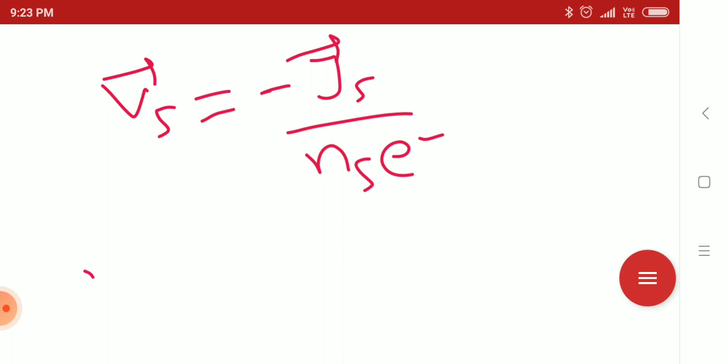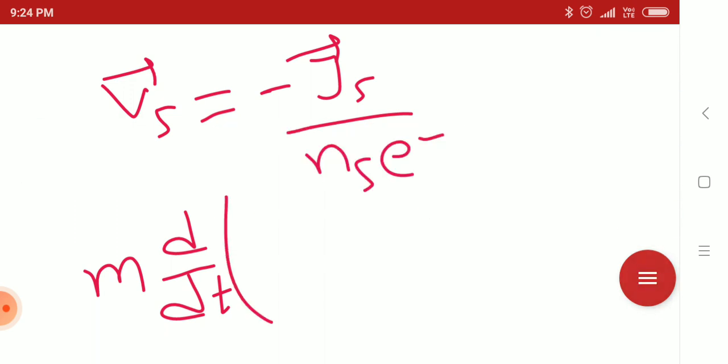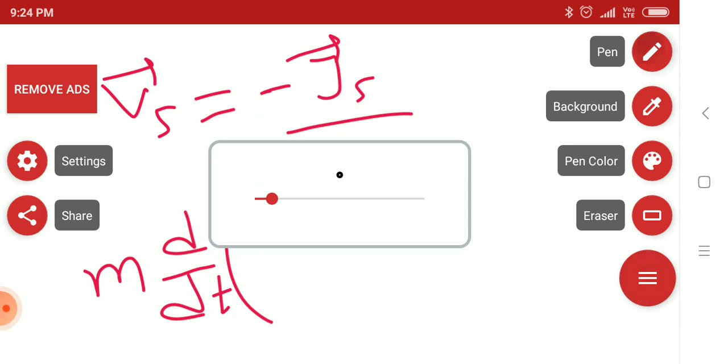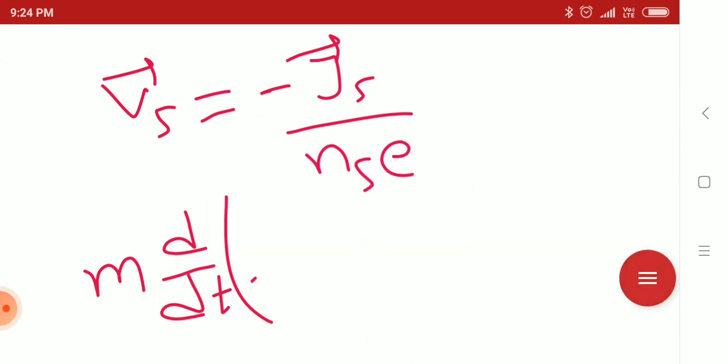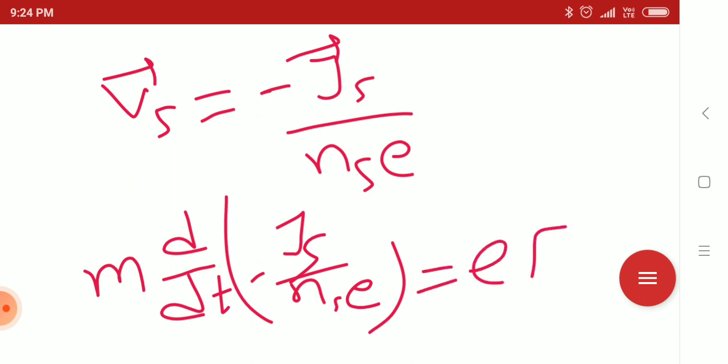So here we can write m dVs by dt. Sorry, here one thing to correct: in m dVs by dt, substituting Js equals minus ns e Vs, we get minus e times E vector.